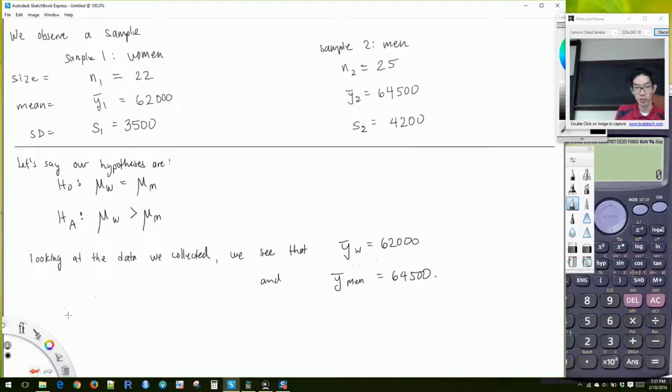Okay, so our data does not support the alternative hypothesis. At this point, if this is our alternative hypothesis, we have no evidence to support the alternative. We would have no evidence to reject the null hypothesis. Okay, so we can stop here.